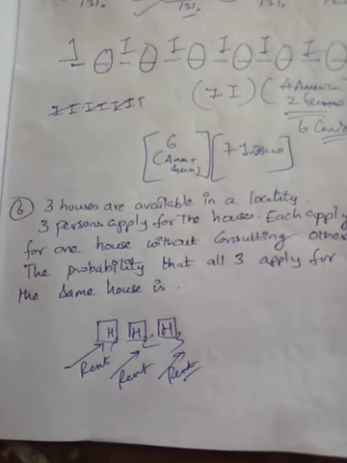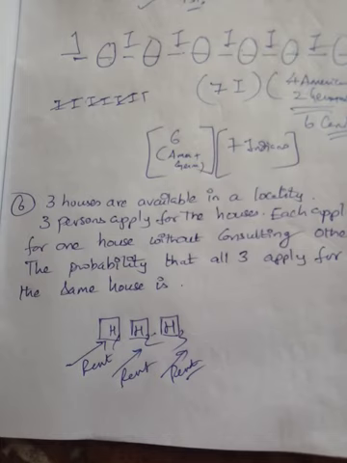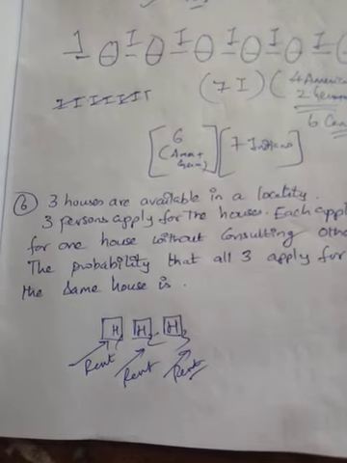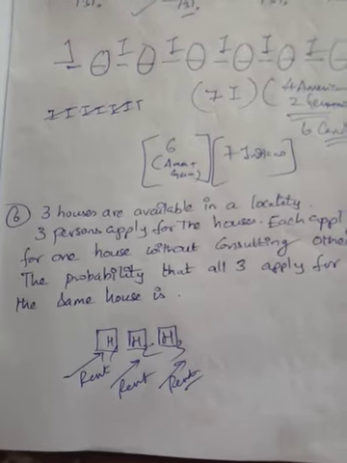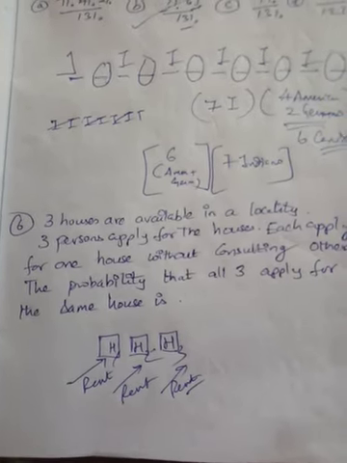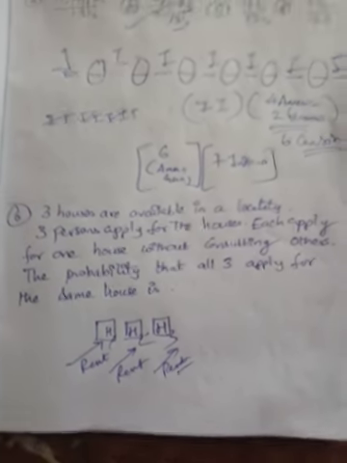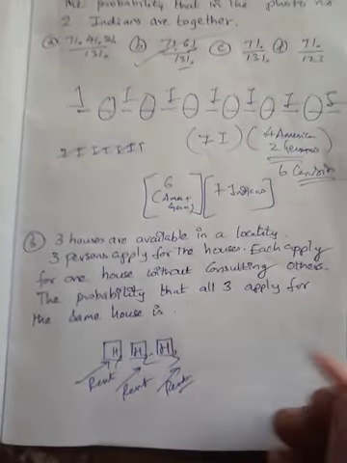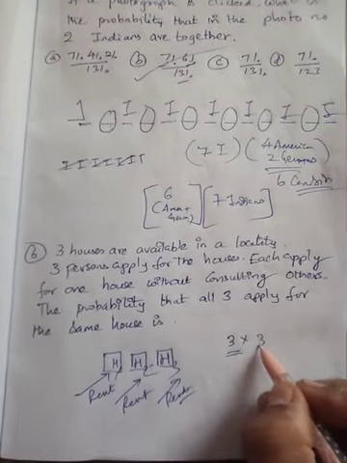So the first person, out of 3 houses he can go for 1, so 1 out of 3. The second person will go for 1 out of 3. The third person also 1 out of 3. So for the first person there are 3 chances, for the second person 3 chances, for the third person 3.